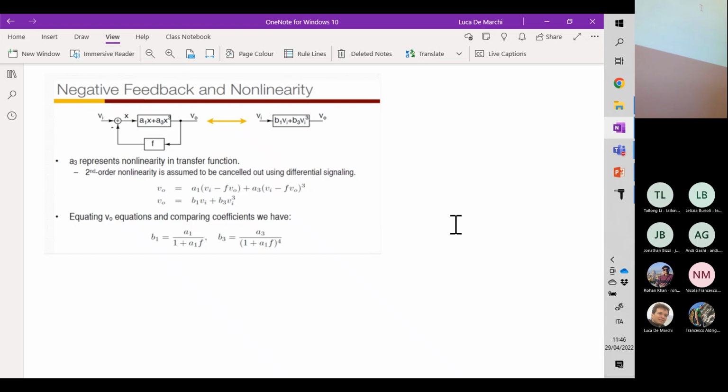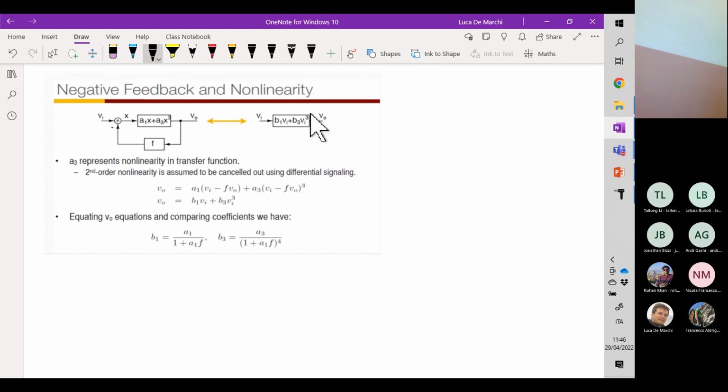This is precisely what is discussed in this slide, which I have reported here on OneNote to better analyze the different passages. So the idea is that in a generic feedback configuration, we have a situation like this.